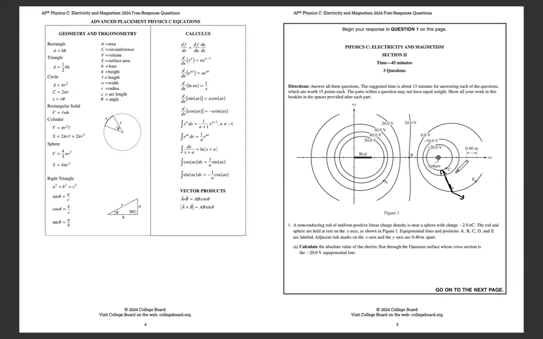But in terms of thinking about how we can prove that, my guess is that it's definitely going to have something to do with the spacing between potential lines, because you can see that the lines are closer on the left side of the sphere than they are on the right side. So you have a stronger field over here.